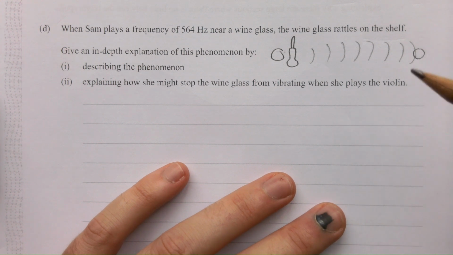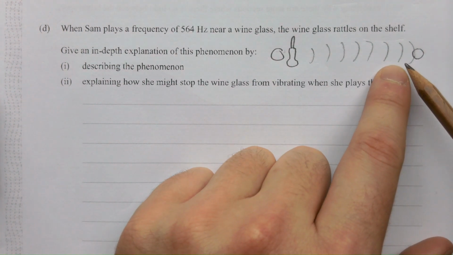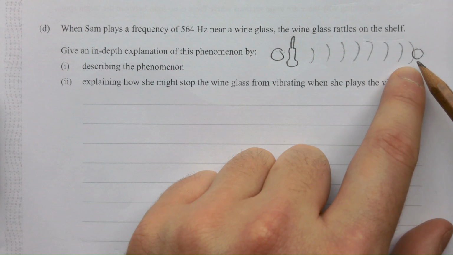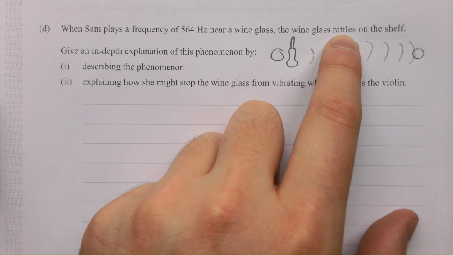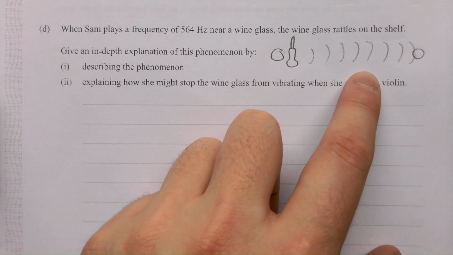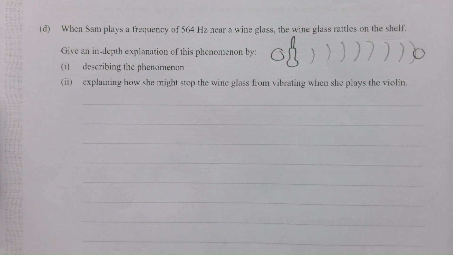Now, if the frequency matches the resonant frequency of the wine glass, every subsequent wavefront makes the wine glass move at precisely the right amount with the right frequency to increase the amplitude of the vibration to the extent that it begins to rattle. Because the air movement starts off very small, but then the actual rattle means there's quite a significant movement. It's this idea of resonance.